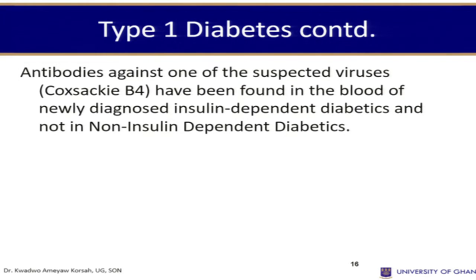We also know that antibodies against one of the suspected viruses, Coxsackie B, have been found in the blood of patients who have just been diagnosed with insulin-dependent diabetes and not in non-insulin-dependent diabetics.